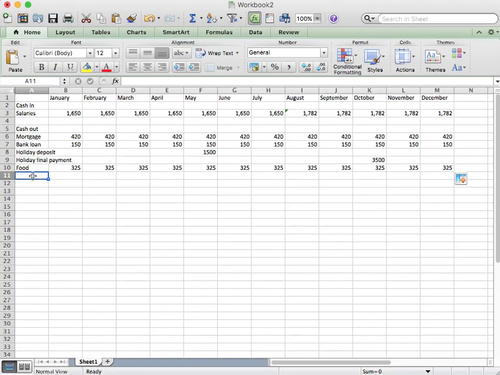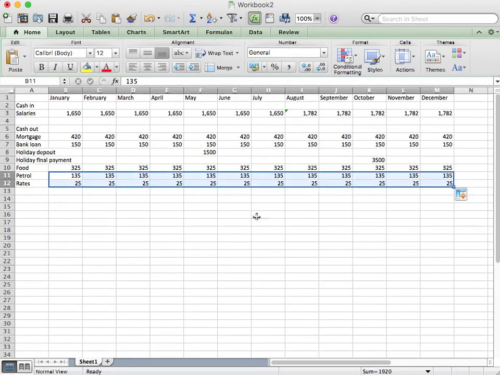So petrol, £135 and rates 25. And I can copy both of those across by highlighting that cell, moving them across.